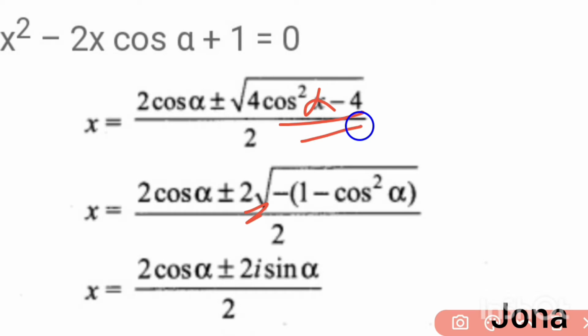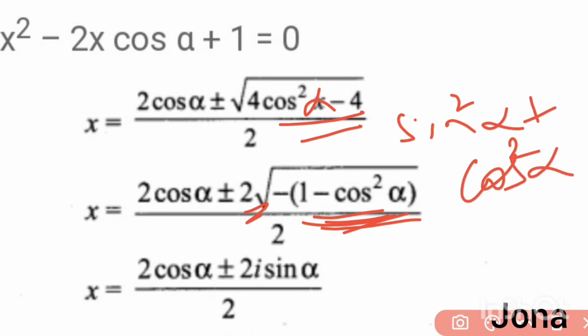Taking minus as common, it becomes 1 minus cos square alpha. We know the formula sin square alpha plus cos square alpha equals 1, so 1 minus cos square alpha is sin square alpha. So the square root and square get cancelled, and the remaining is simply sin alpha.